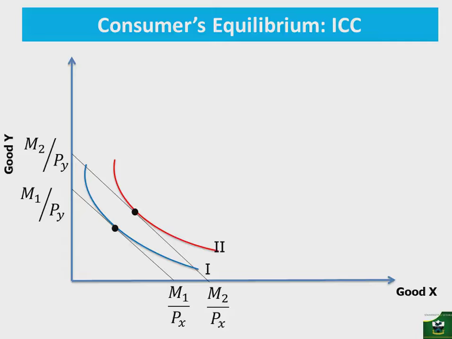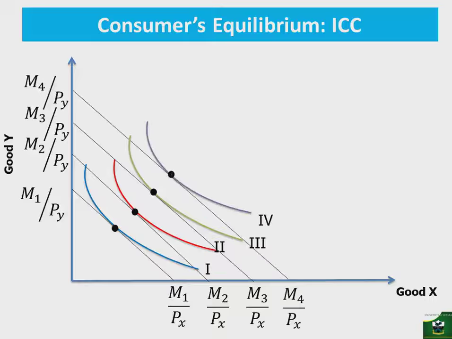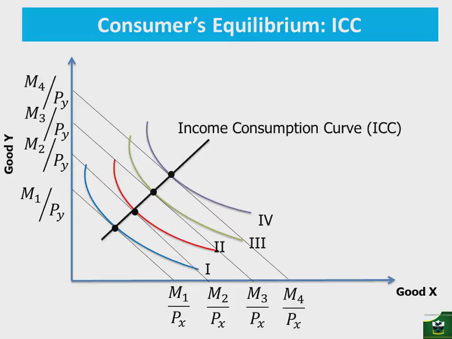If income increases further to M3, the budget line will shift outwards, and the equilibrium will be spotted on indifference curve 3. If income increases further to M4, it means the budget line will shift outwards again, and the new equilibrium will be spotted on indifference curve 4. If you draw a smooth curve joining these points, you have what we call the income consumption curve.